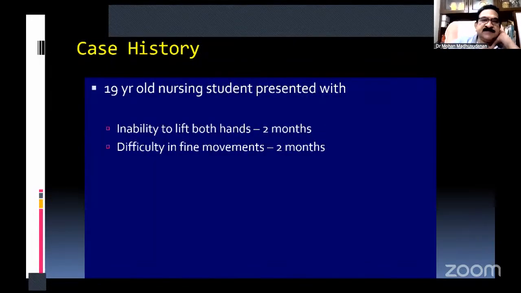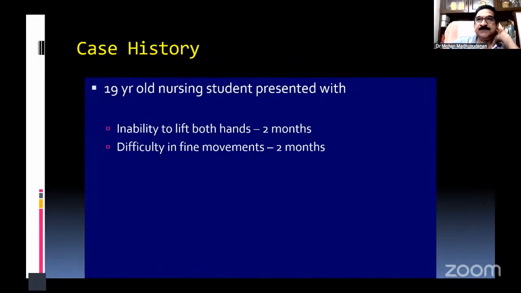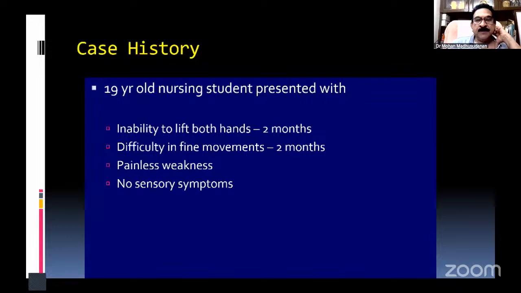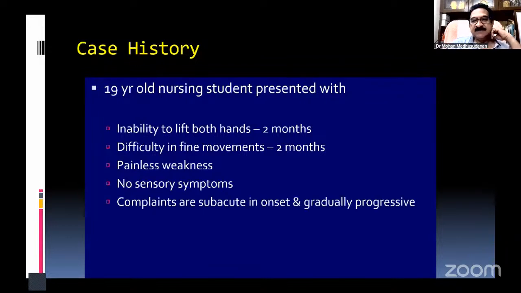This is the story of a 19-year-old nursing student. She presented with inability to lift both hands for the last 2 months, with difficulty in fine movements of the hands. There was no pain associated with the weakness, no root pain, no sensory symptoms, and the complaints were subacute in onset and gradually progressive.